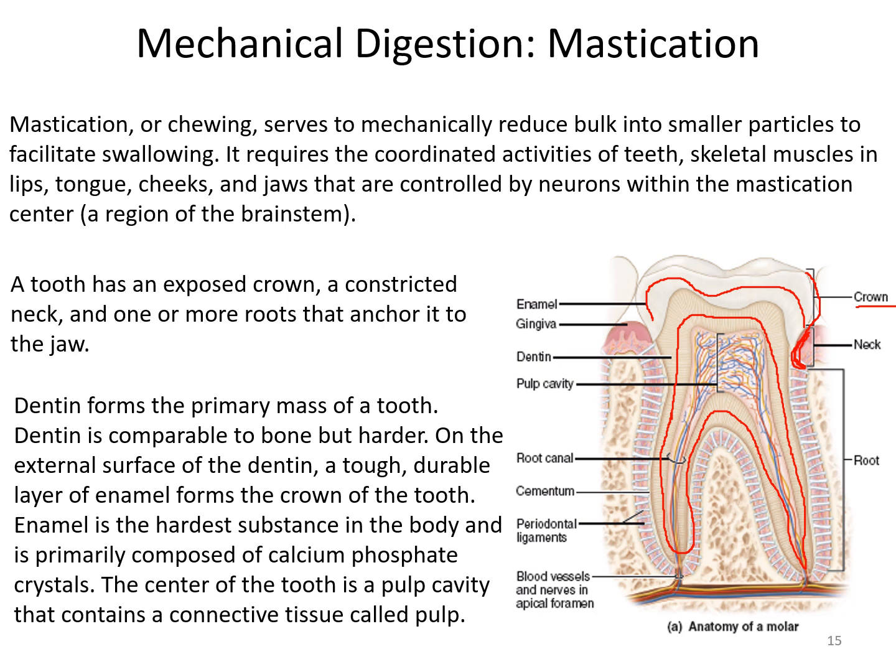And then in the center region of the tooth is the pulp cavity that contains a connective tissue called pulp. So this would be your pulp cavity and all of your pulp in there.